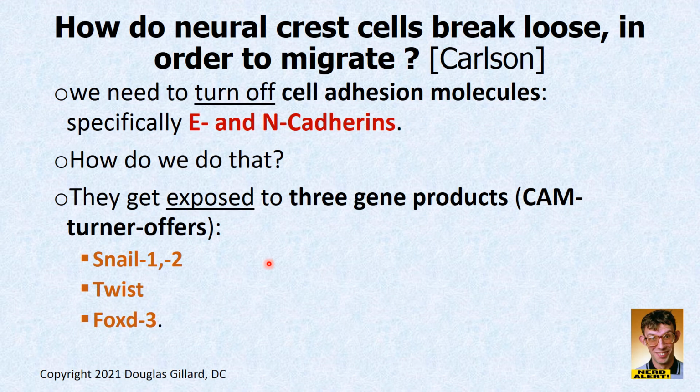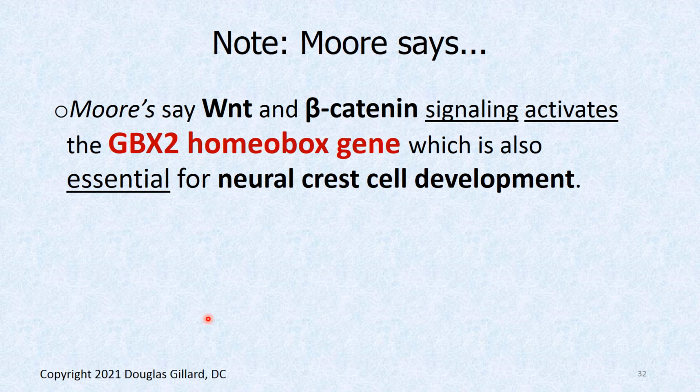How do neural crest cells break loose? This is not beyond the scope, though. So we have to turn off the cadherins, the N-cadherins, maybe some E-cadherins as well, because they're attached to the ectoderm cells as well. So basically, they get exposed to the cadherin turner-offers, SNAIL1, 2, TWIST, and FOXD3.